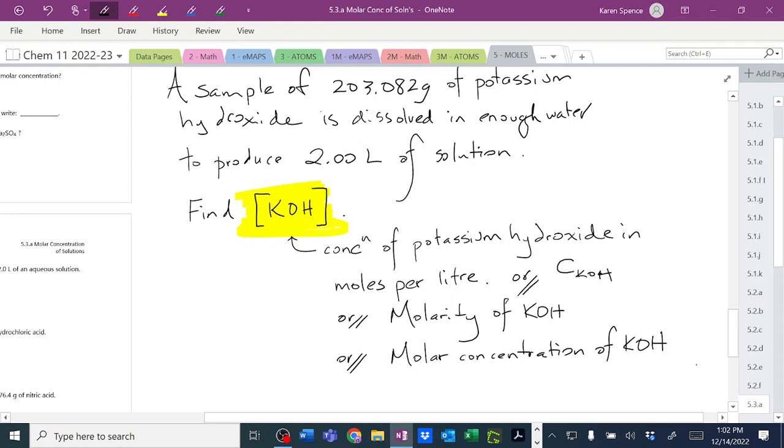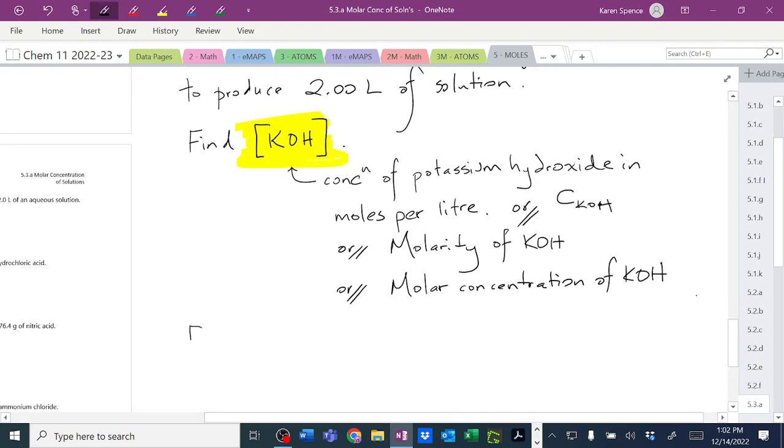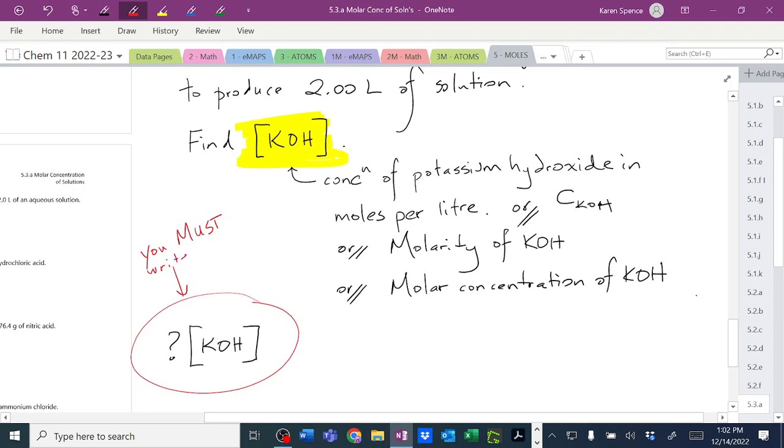Like I said, this is the only part of the problem that's difficult, because if we want to find molar concentration of KOH, do you need to write this part down? This part here? Yes. You must write what you are solving for.